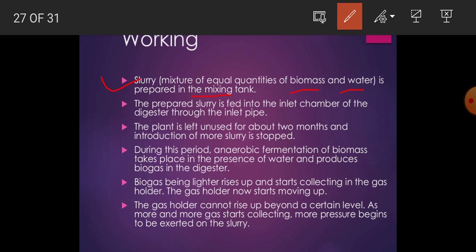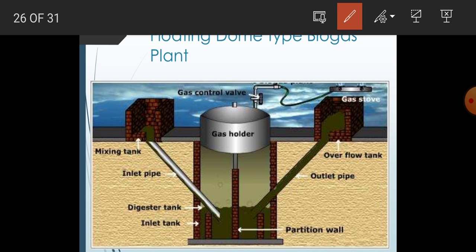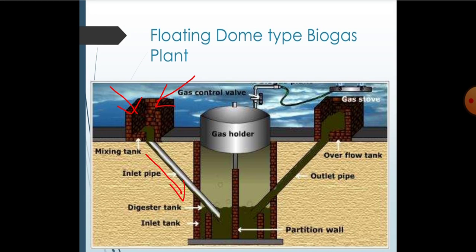The objective of the mixing tank is to prepare the slurry by mixing the biomass and water. Then the second step is that the slurry is fed into the inlet chamber of the digester through the inlet pipe. We have seen that here biomass and water are mixed, and then it is moved with the help of the inlet pipe.